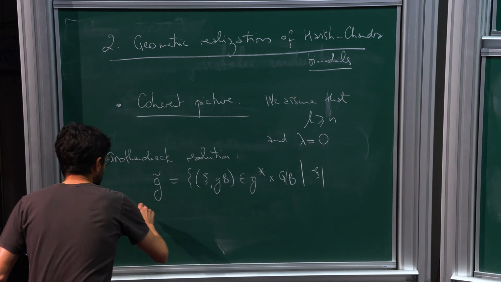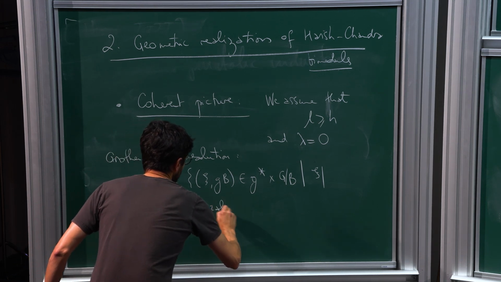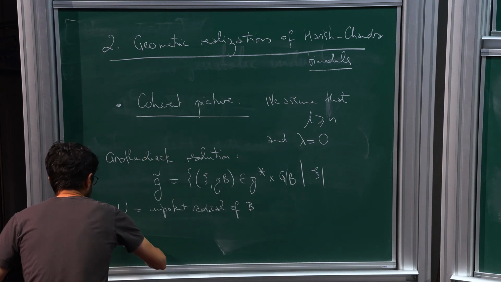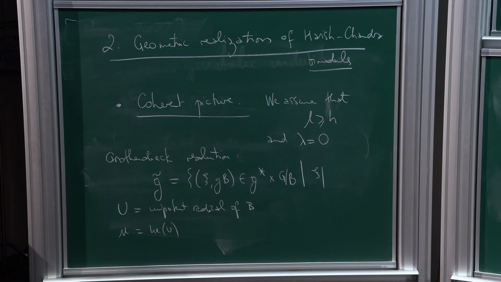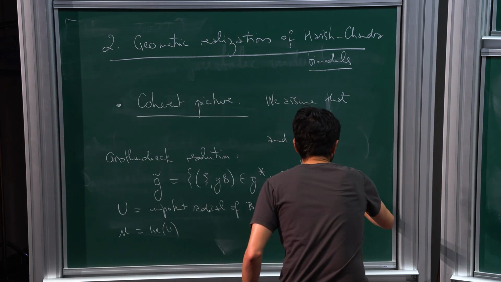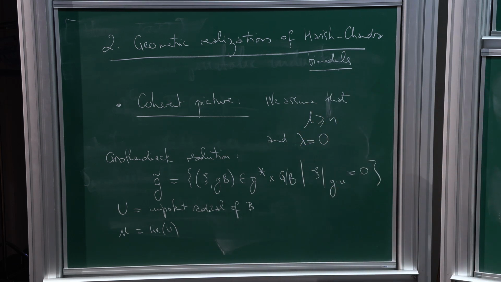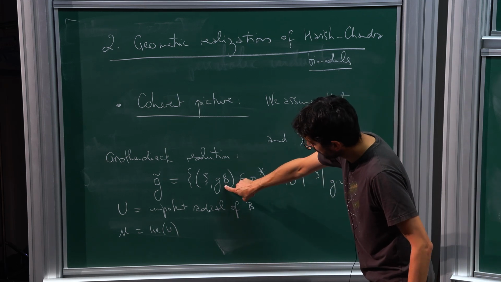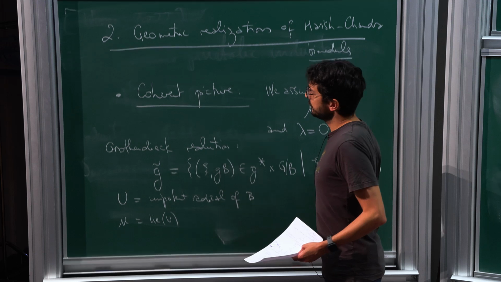So I will denote by U the unipotent radical of my Borel subgroup B, and by u its Lie algebra. In the end, it's the same u as before, and I require that xi vanishes on the g translate of u. G is only determined up to an element of the Borel subgroup, but it doesn't change this subalgebra. So G tilde is a vector bundle over the flag variety. In particular, this is a smooth scheme.